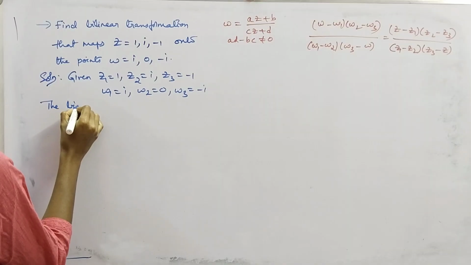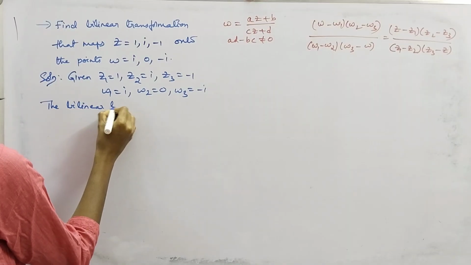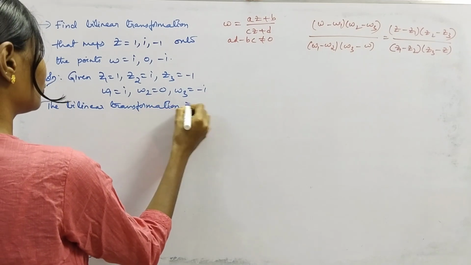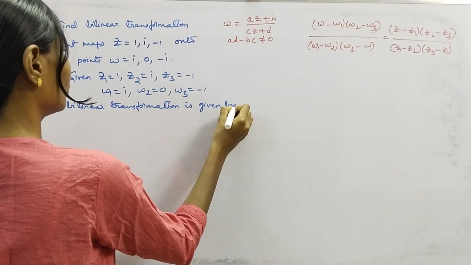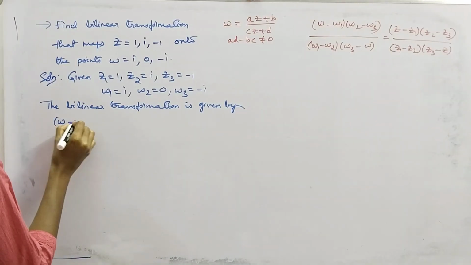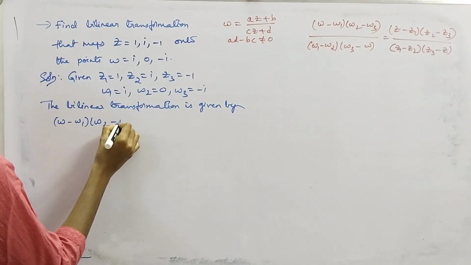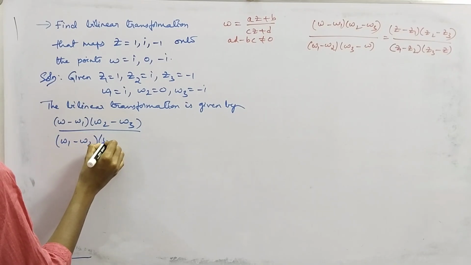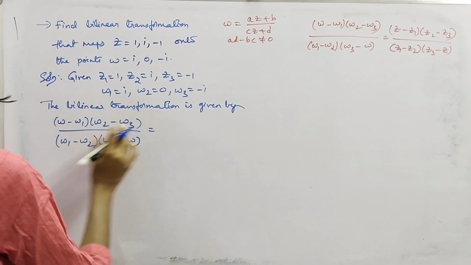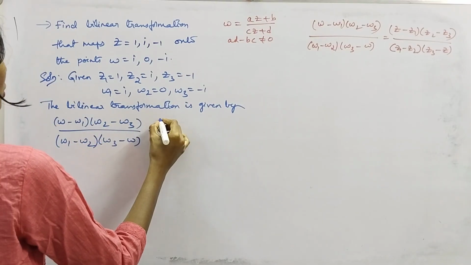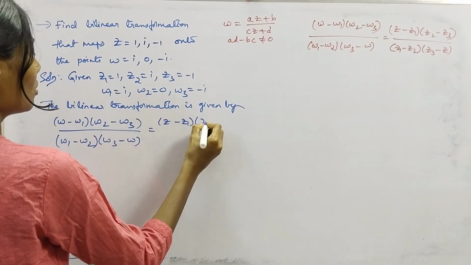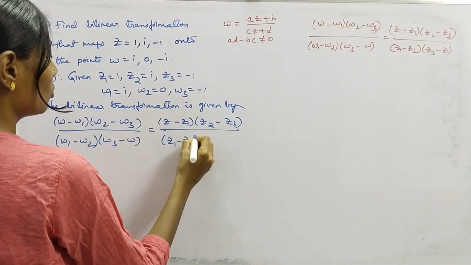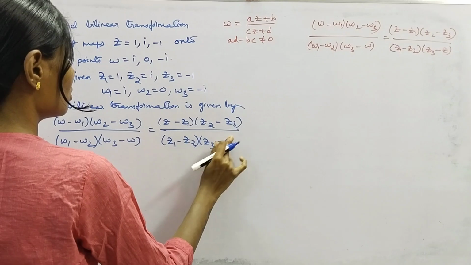The bilinear transformation is given by, you'll just write the formula. Omega minus omega 1, omega 2 minus omega 3 by omega 1 minus omega 2 into omega 3 minus omega equal to, just in the same pattern we'll write for z, z minus z1, z2 minus z3 by z1 minus z2 into z3 minus z.